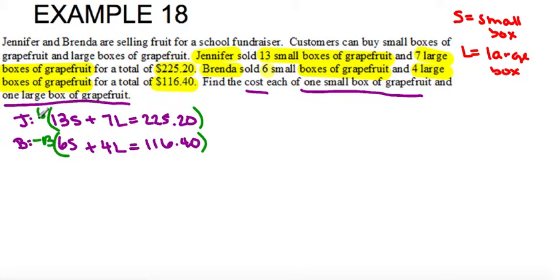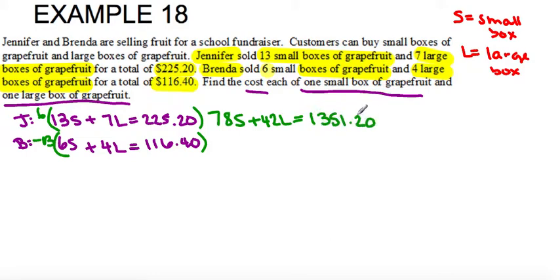So at the top, I have 6 times 13, which is 78S. And then I have 6 times 7, which is positive 42L, equals 6 times 225.20, which is 1,351.20.